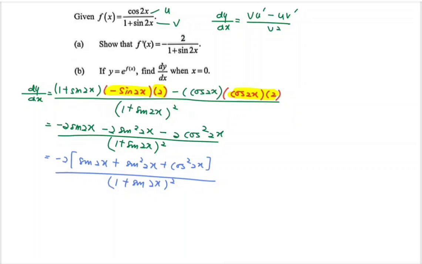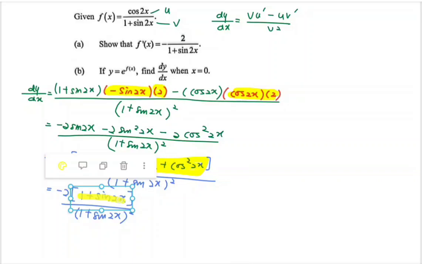So focus on this part. By referring to the basic identity, we notice that here we have 1. So if we rewrite, we will have negative 2 bracket 1 plus sine 2x over 1 plus sine 2x bracket squared.